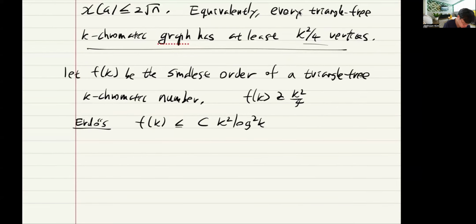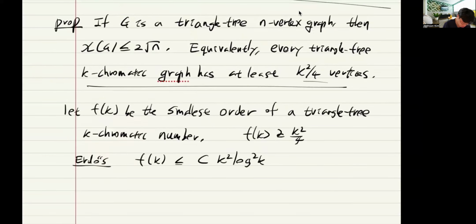And later, the upper bound was actually proved by Jung and Kim, and the lower bound was proved by a different group, so two different groups proved the lower bound and the upper bound.